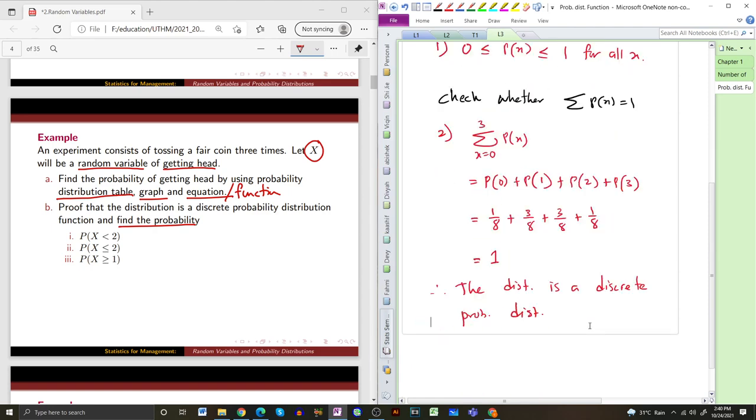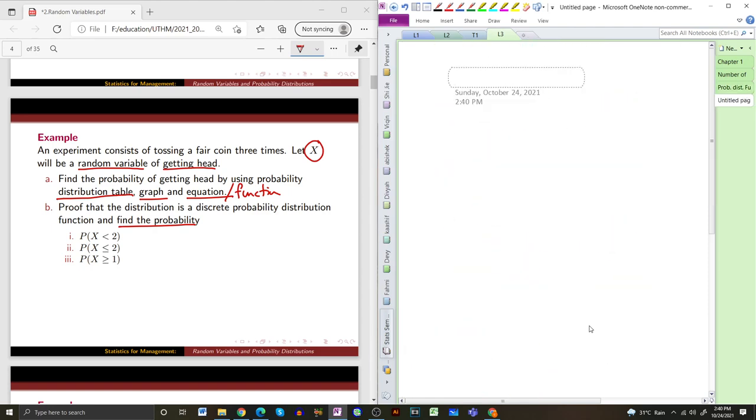So I'm going to the next page now. P(x) less than 2 is actually equal to x equal to 0 is 1 over 8 and x equal to 1 is 3 over 8.